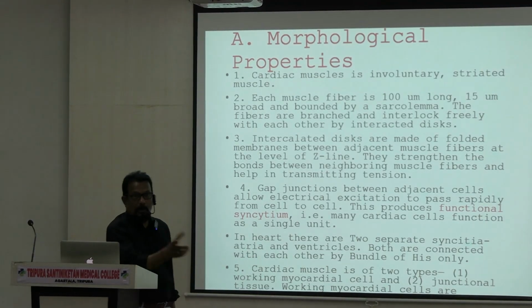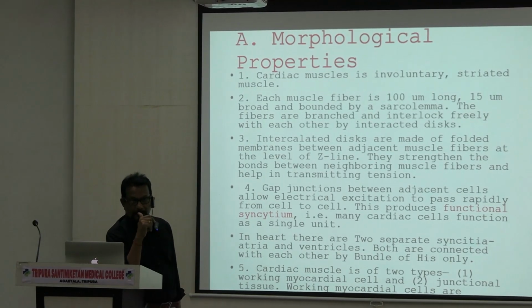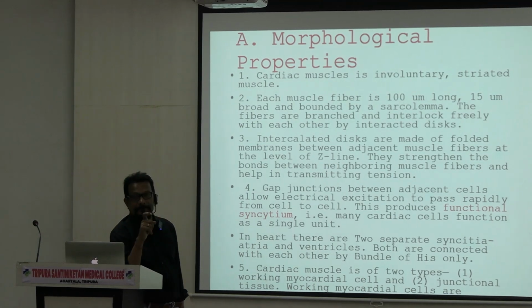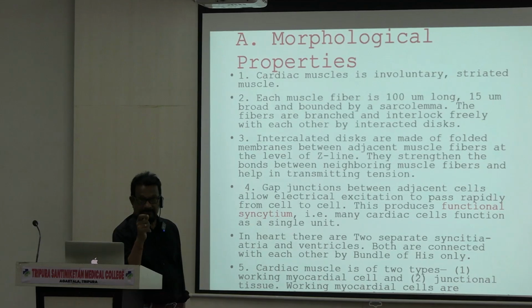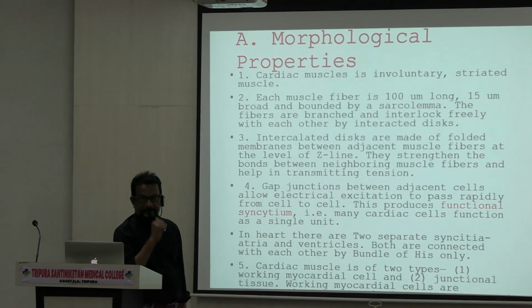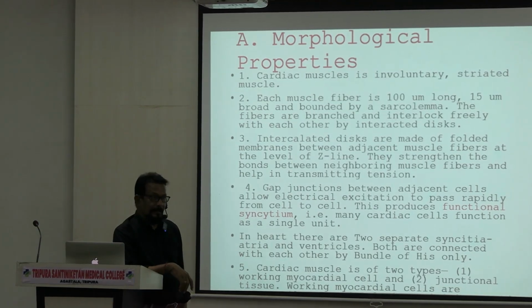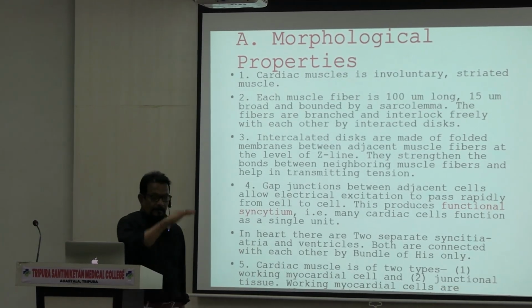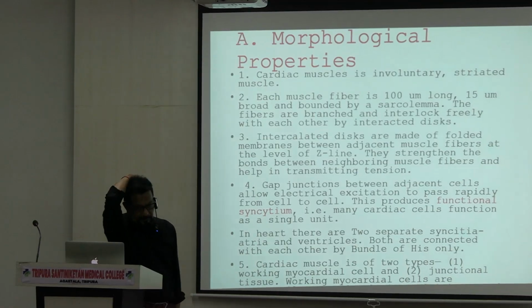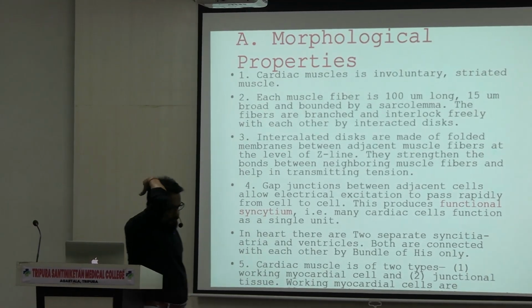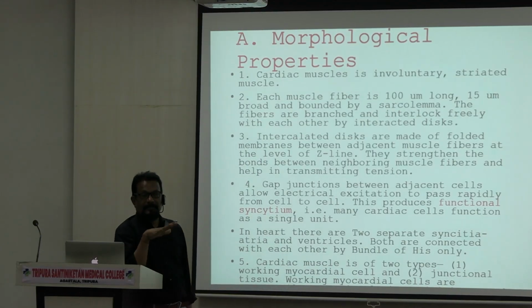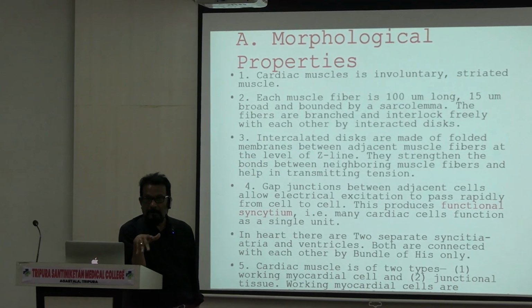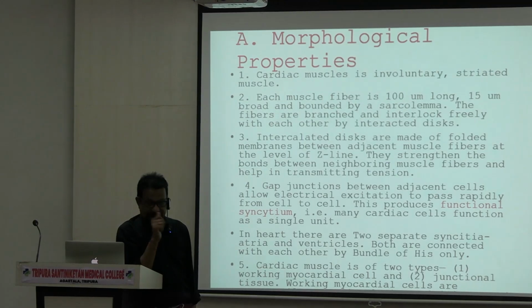Though they are bounded by sarcoplasm, they are connected to other myocytes, cardiac muscles, by intercalated discs. So when you study the cardiac muscle cells under the microscope, you will find they are freely branching and they are connected to each other by intercalated discs.